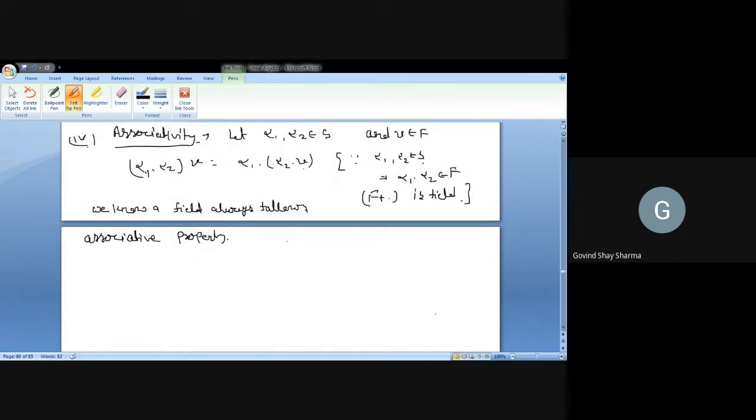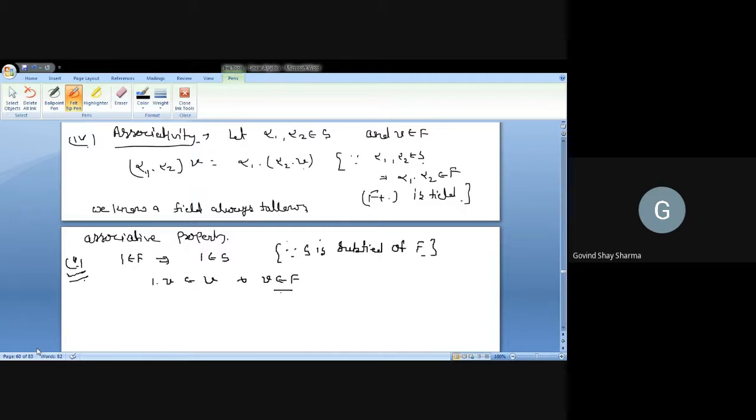Now the last one is identity. Because F is a field, it has the multiplicative identity, so we can say that 1 belongs to F. 1 belongs to S, as S is a subfield of F. So 1 dot V equals V, because 1 is the identity for multiplication.